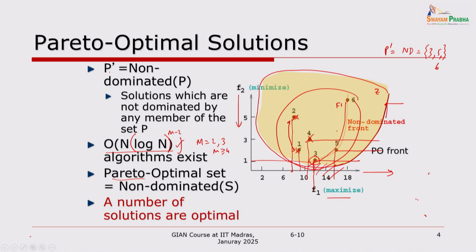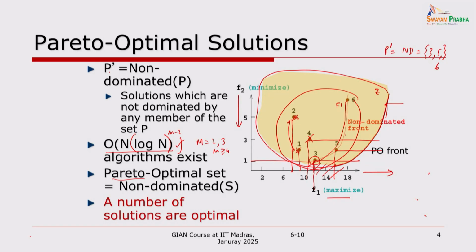I only have 6 points here, but you need to have infinite points and then apply this logic, then you get the Pareto set. But that's not the recommended algorithm. We will have a much faster algorithm to get to the Pareto set. But this is the way you can visualize it. If you have the entire feasible set and you apply this non-domination principle, then what you are going to get is the Pareto set.